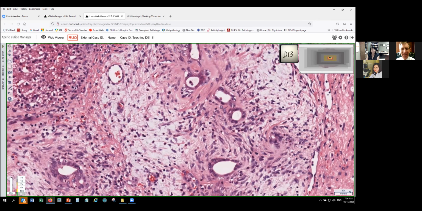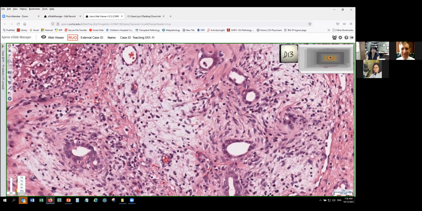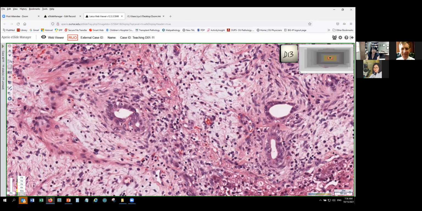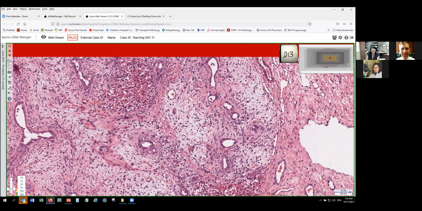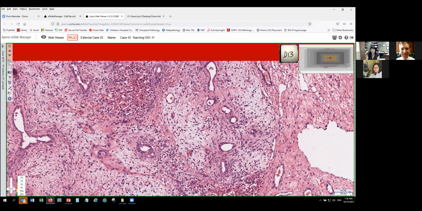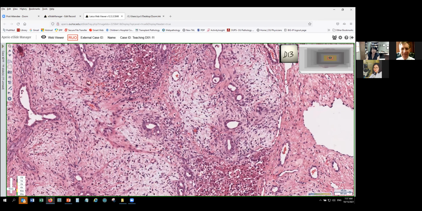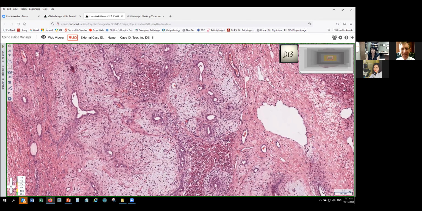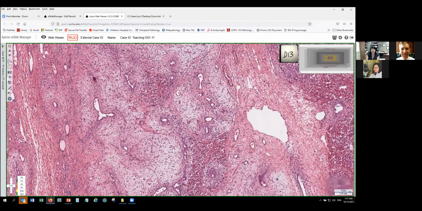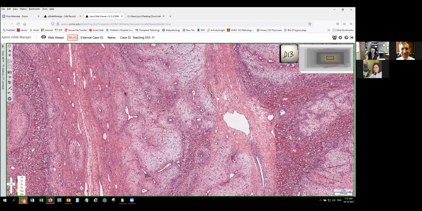There are lots of spindle cells, mesenchymal component, fibroblasts. There's bile duct, and there's some liver cells. Kind of mixed everything. Supposedly in the normal liver, you have hepatocytes, bile duct, fibrous tissue like a portal tract, and you have some vessels. So everything looks like the normal liver tissue we're supposed to have, but just disorganized, an organoid arrangement.